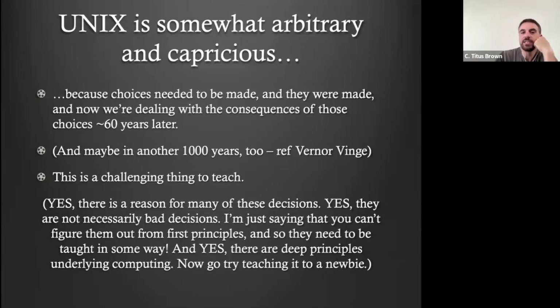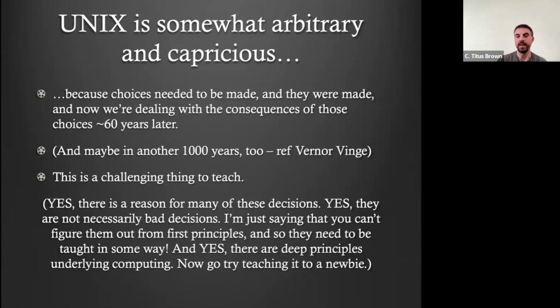It's just really challenging to teach all of this stuff, right? So back to Unix in general. It's really challenging to teach all this stuff. And I put this in because I knew there'd be a bunch of people in the comments or in the chat telling me, but these are really important decisions. Yeah, there's a reason for many of these decisions. I can intuit or infer or even know sometimes why these decisions were made. They're good decisions. You can't figure them out from first principles, though.